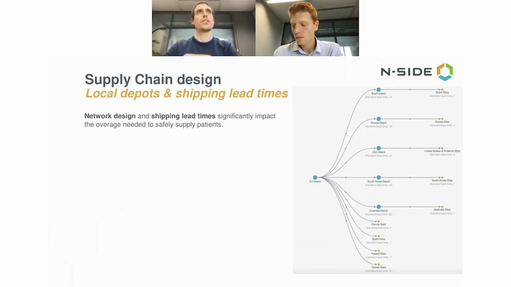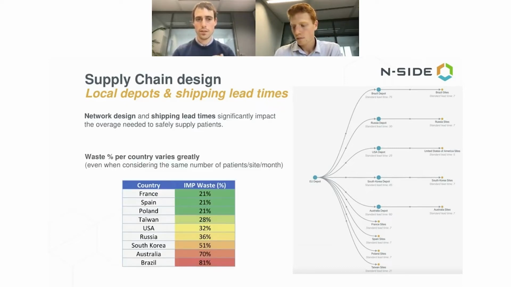What is interesting is that we often consider the waste as being one single KPI for a trial. We have a trial with 60% of waste, 50%, 30%. But we never think about the waste as a KPI per location. And here, we did the exercise. We computed the waste per country. And what we observed was quite interesting in the sense that the waste was very different from one country to another.